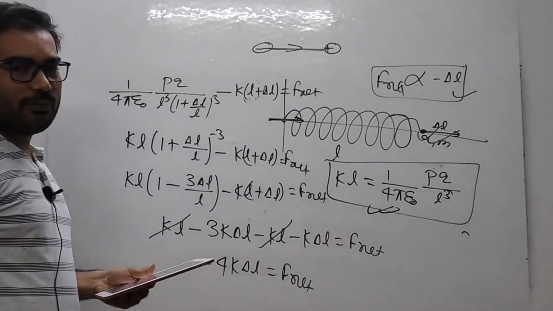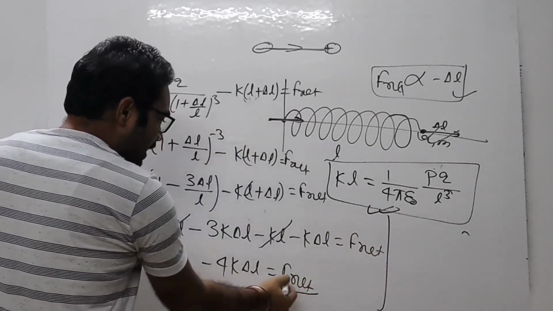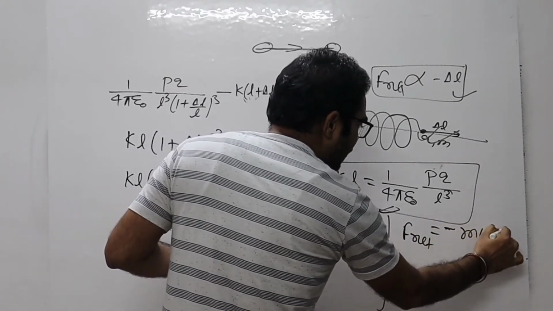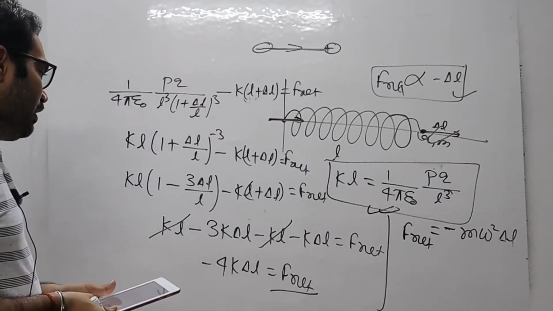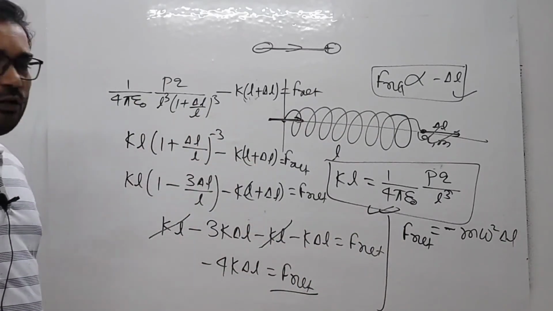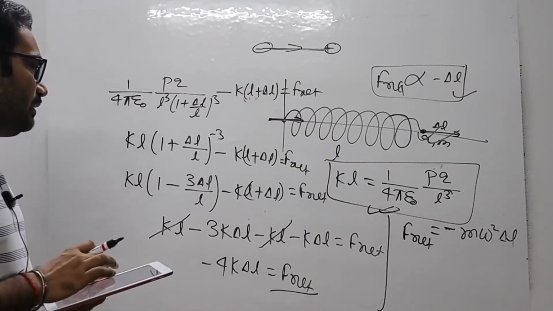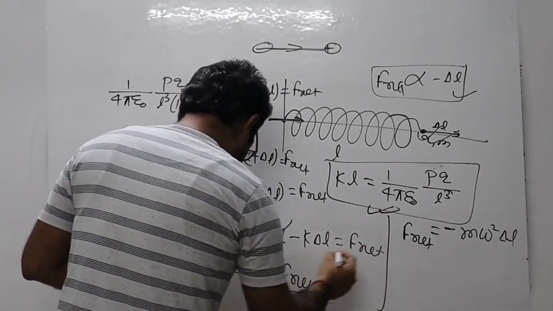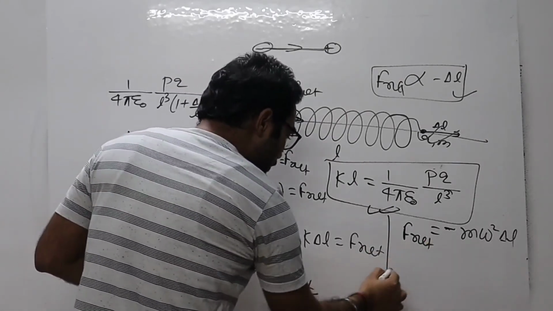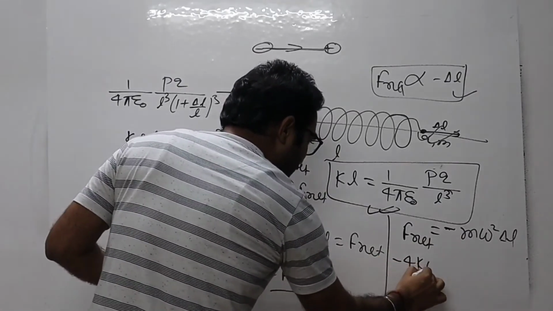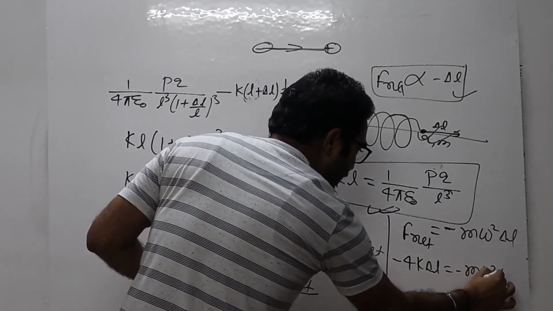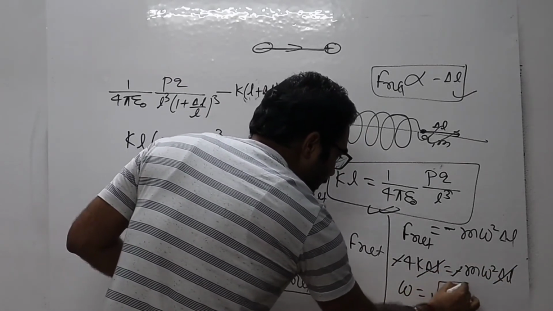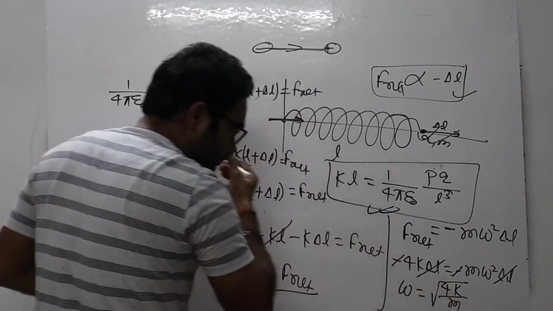Because this charged particle is performing SHM, F net is equal to minus m omega squared delta L. Equating both equations, minus 4K delta L is equal to minus m omega squared delta L. Delta L cancels out, and omega squared is 4K by m.